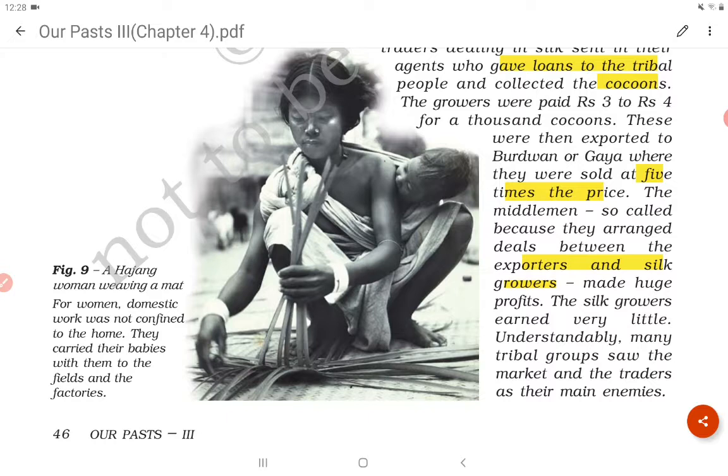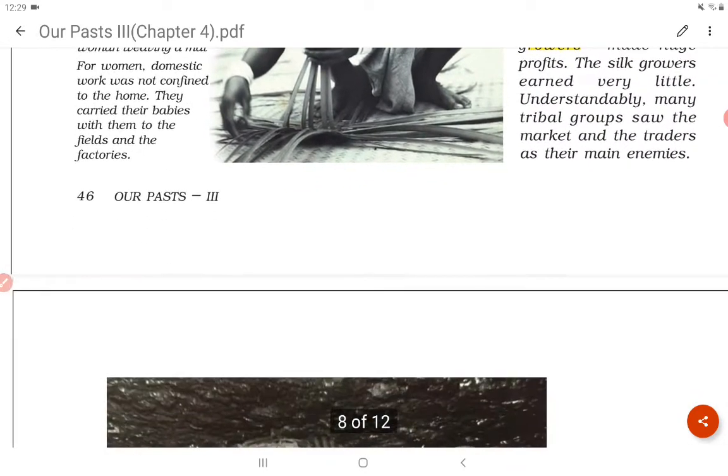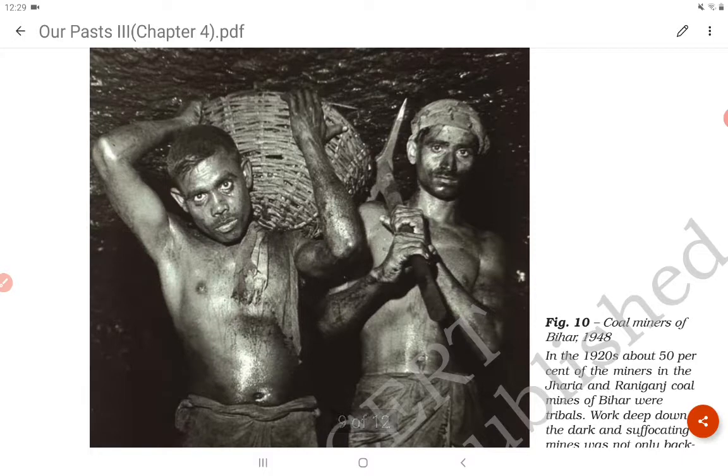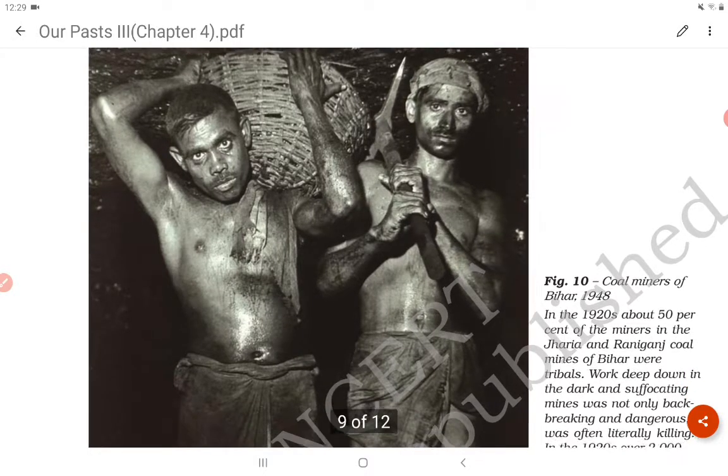For women, domestic work was not confined to the home. They carried their babies with them to the fields and the factories. Figure number 10 shows coal miners of Bihar, 1948.